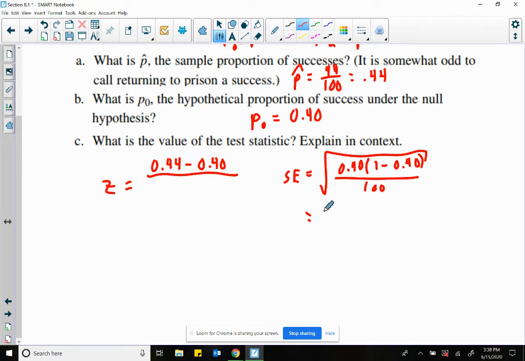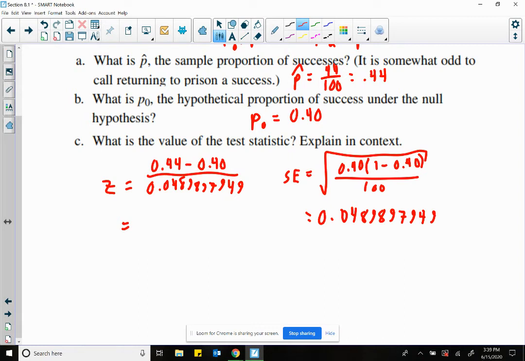And the calculator says that this is 0.04898974949. So that's what this number is going to get divided by.